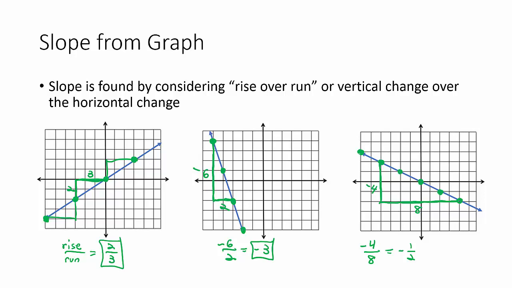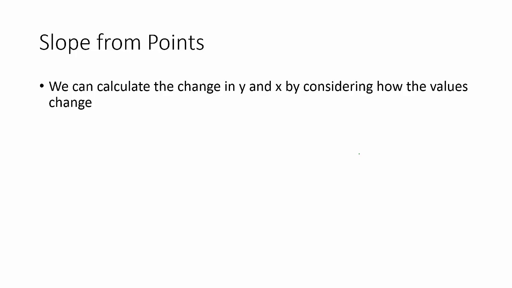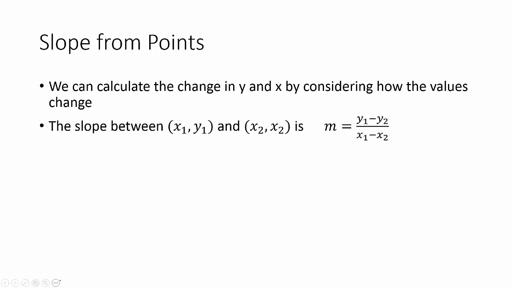Slope measures the steepness. Now, we don't always have a graph to help us know how far we rise and run, so sometimes we have to calculate the slope from the points on the graph that we're told. And we can calculate this by finding the change in the y's and the change in the x's.